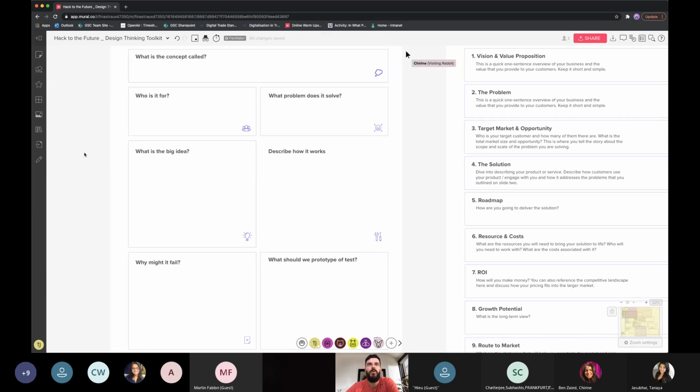And then what should we prototype first? This helps you organize your MVP. Always think of the MVP going back to the critical component of the problem of the person that you're trying to solve.